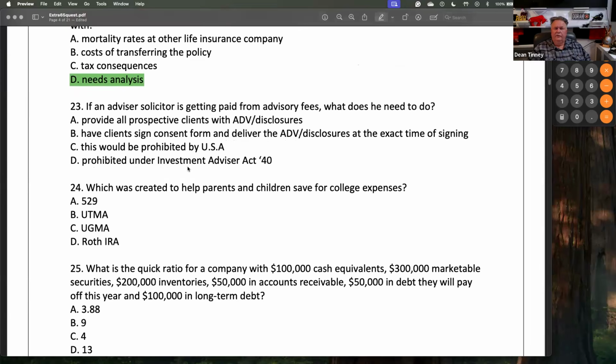If an advisor solicitor, so this is sometimes in the test referred to as a promoter.